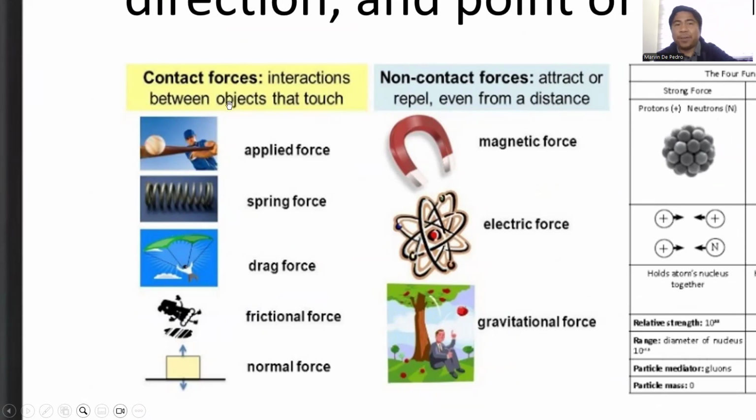Examples of contact forces that we normally experience in our daily lives are the applied force, the one that we directly apply, or the spring force, since many of our machines have springs in them. Another type is drag force.